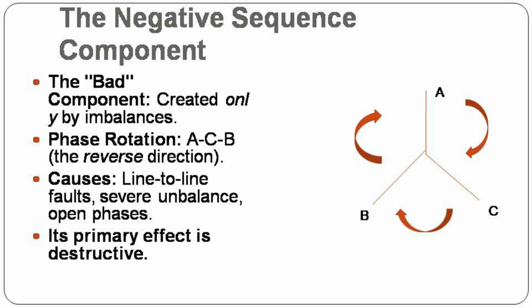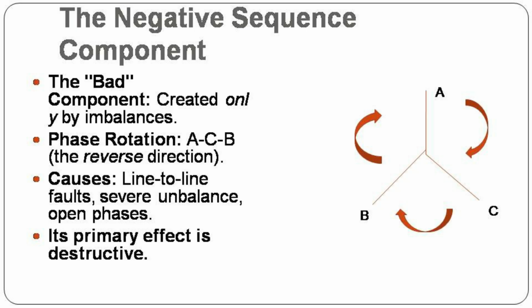Now, on the opposite end of the spectrum, we have the negative sequence. This component also has three phasors with equal magnitude and 120 degree separation. So, what is the difference? Well, it rotates backwards. Its phase sequence is ACB, which is the exact opposite of the positive sequence. This is not a component that exists in a healthy system.